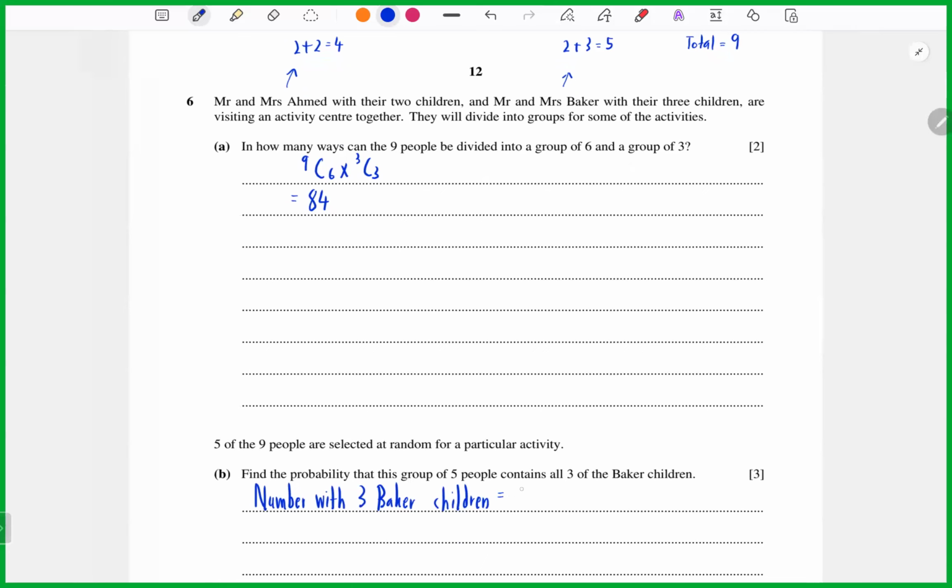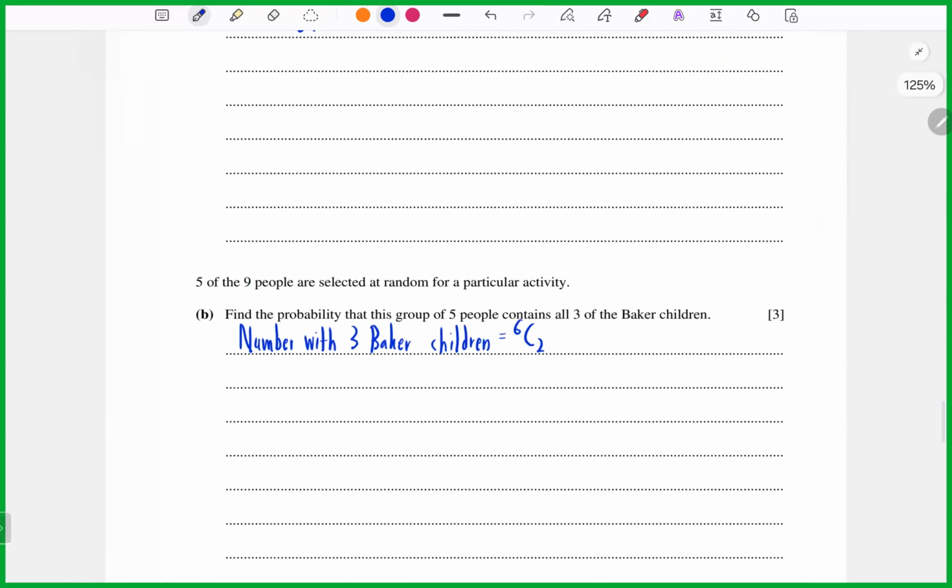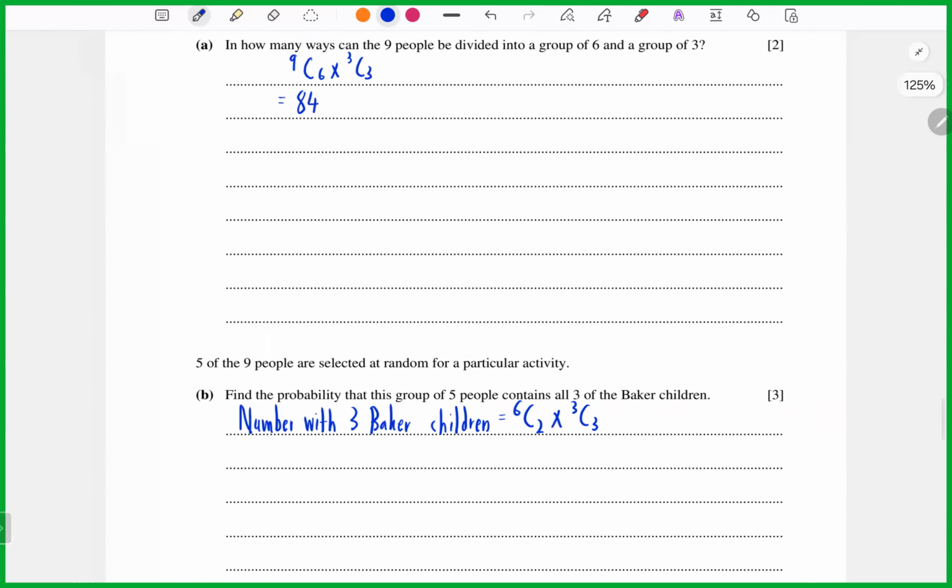Take 6C2, multiply 3C3. So we need to apply this formula here.